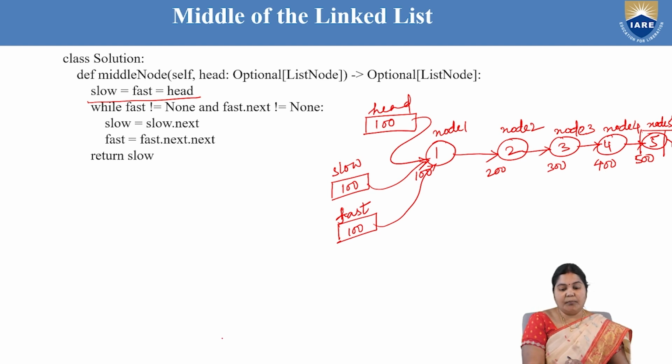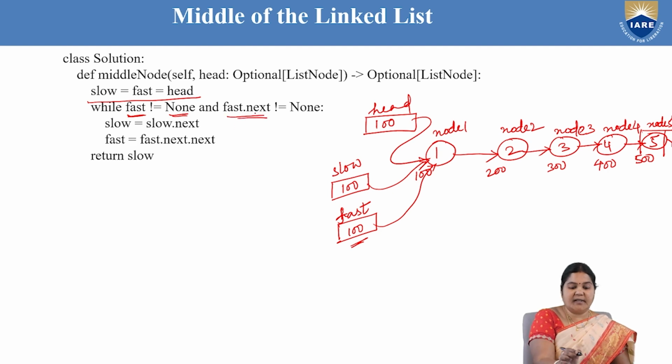Now, as the approach says that one will go slowly, another will go fast. That means if slow makes a move of one step, fast will make 2 steps. Now, while the address in fast, how much is it? 100. Is it a null address? No. And fast of next, 100's next is what? 200. 200 is also not a null address.